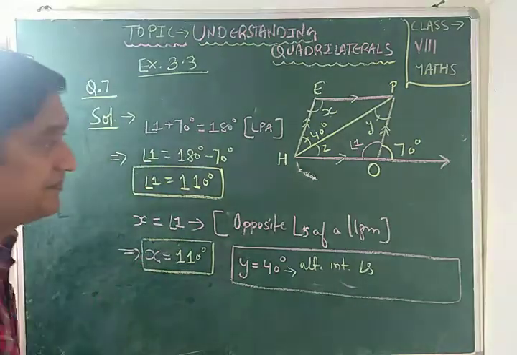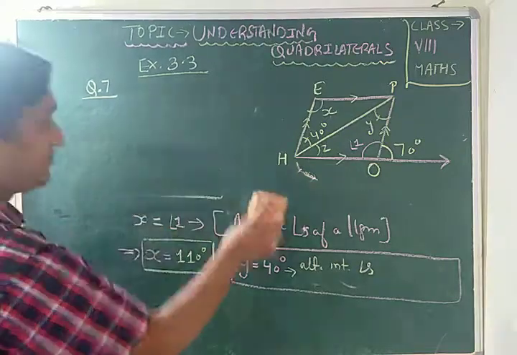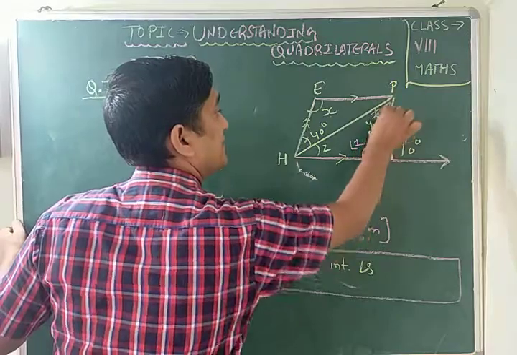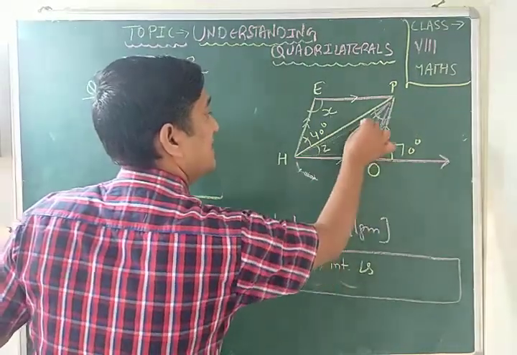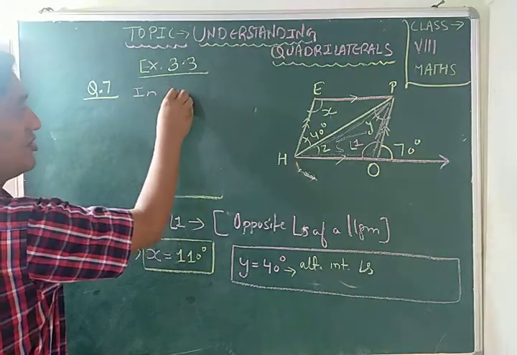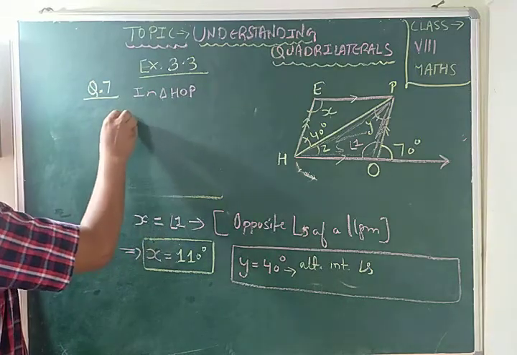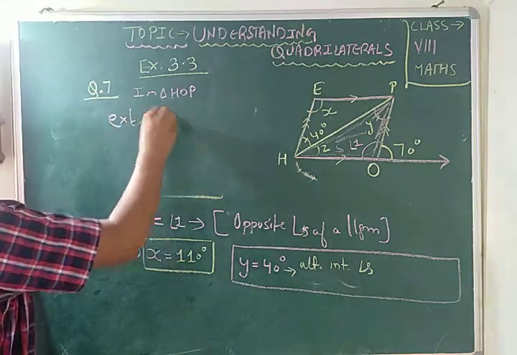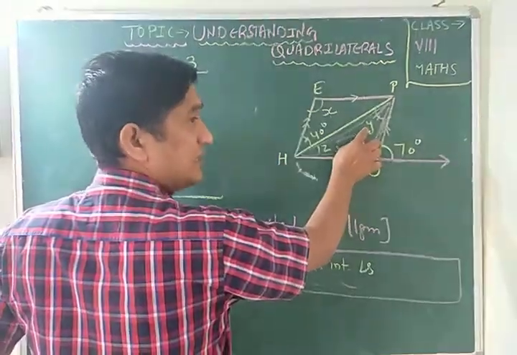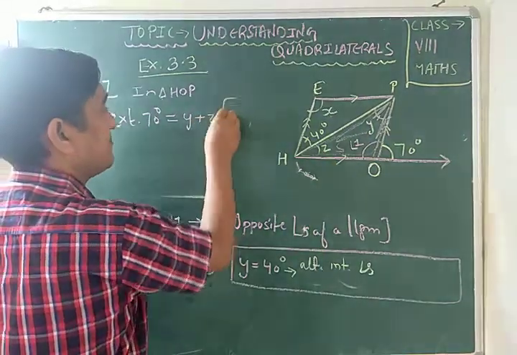Now we can apply the concept here. In this triangle, children, observe this figure. This is triangle. In triangle HOP, the exterior angle 70 degree is equal to the sum of this y and the z, y plus z.